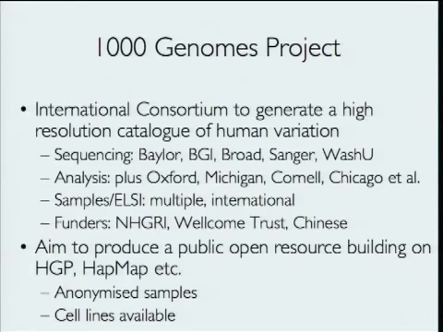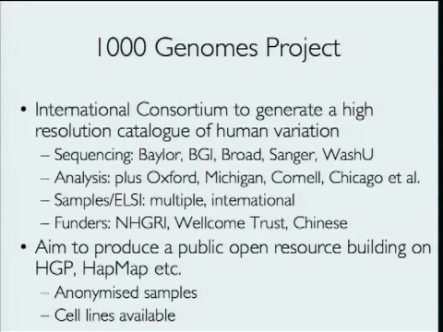So given that kind of background, what are we actually planning to do? Well, earlier this year we established the 1,000 Genomes Project. It's an international consortium to generate a high-resolution catalog of human variation. There are 5 sequencing centers at the moment in America, UK, and China. There are lots of people involved in the analysis from all over the world, including some of these centers.